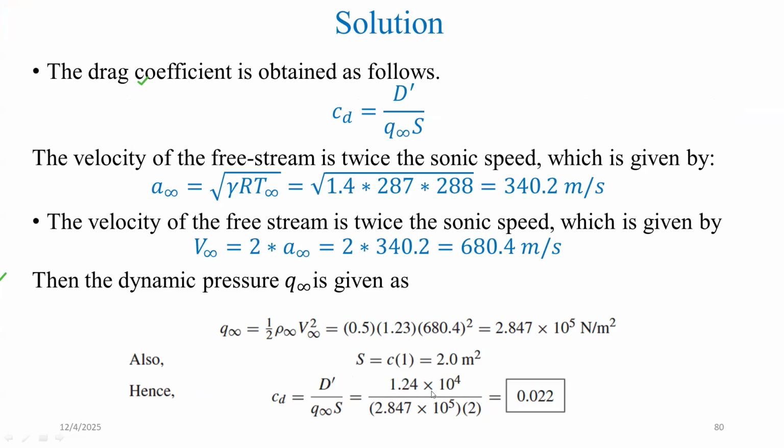Considering a unit length, it gives us 2 meters squared as the total planform area. Then CD is directly applied. S is given, Q is given, D is already calculated, so you can find the drag coefficient, which is 0.022.